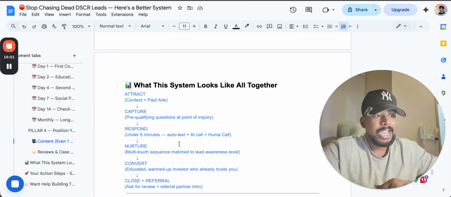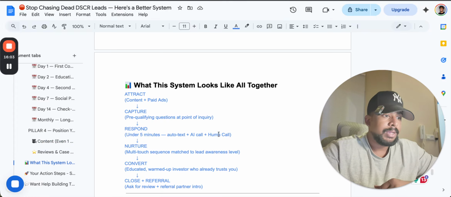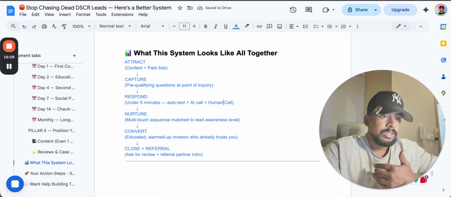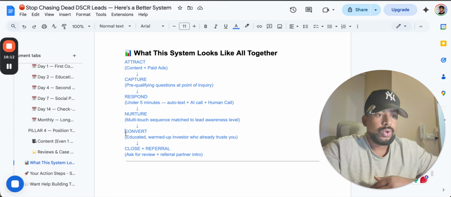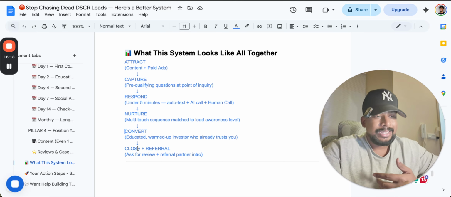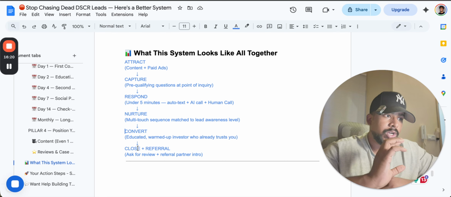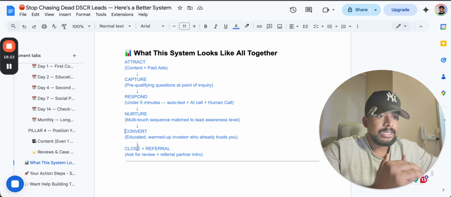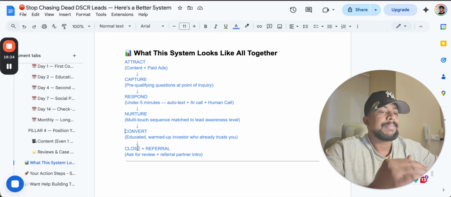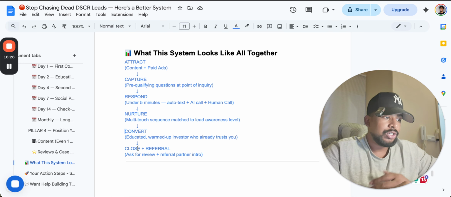You can also use AI agents or a human-based concierge team to call them, nurture them, keep on adding value, convert them basically with more content, more videos, case studies, reviews, and then again get them on a phone call and close them. That is exactly the structure you should be following, and the whole system built one time can of course help you get consistent results and get you more deals.